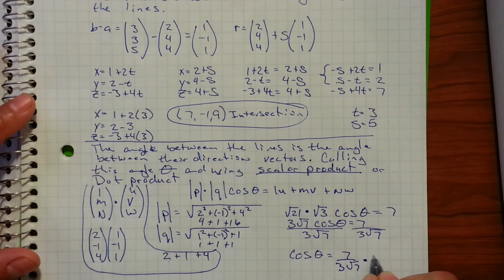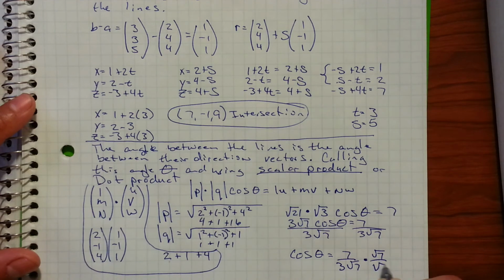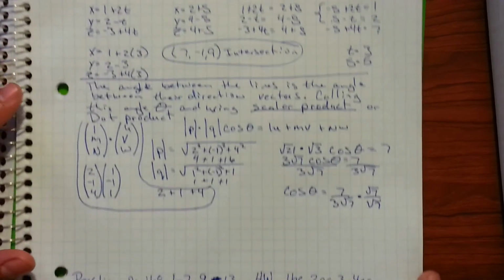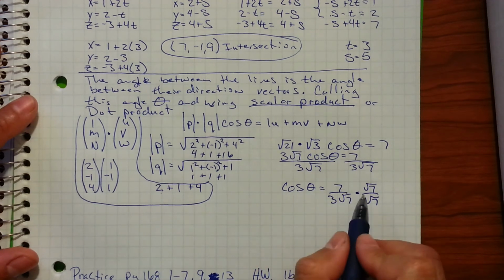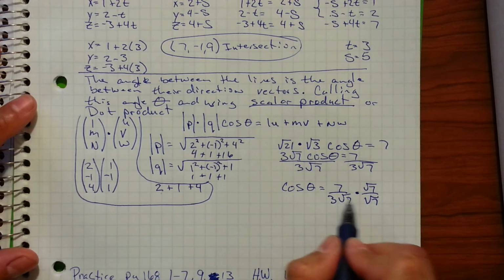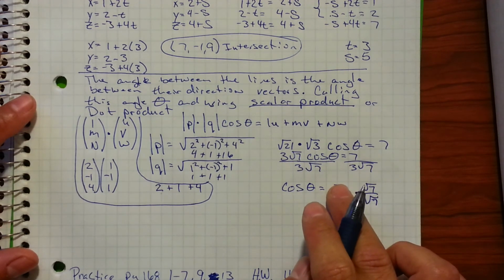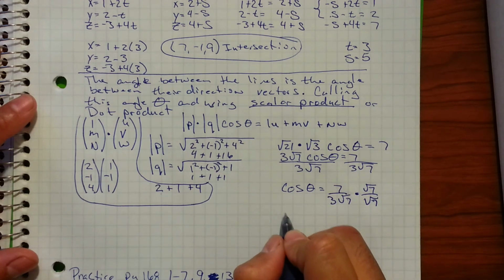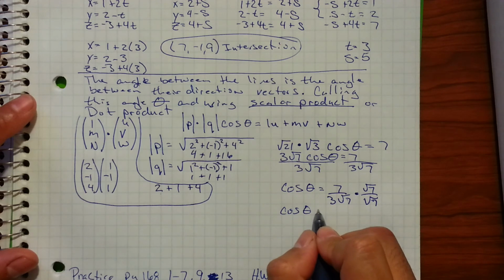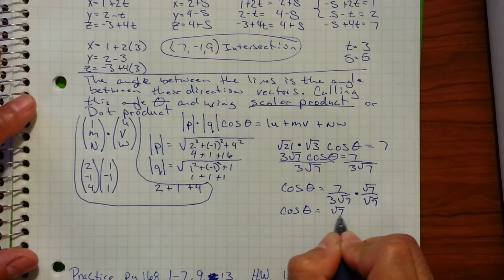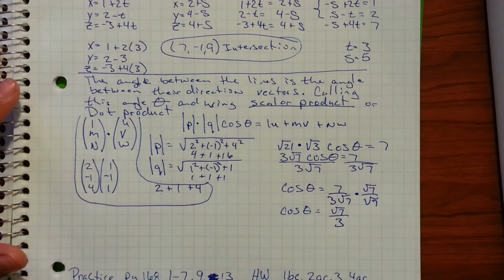So rationalize: square root of 7 over square root of 7. That's going to give me 7 down here, and I already have a 7 on top. So cosine theta is going to end up leaving me with square root of 7 over 3.